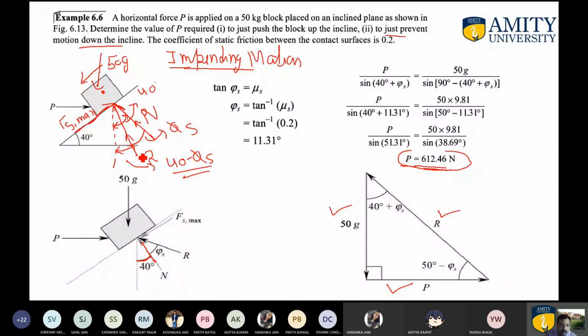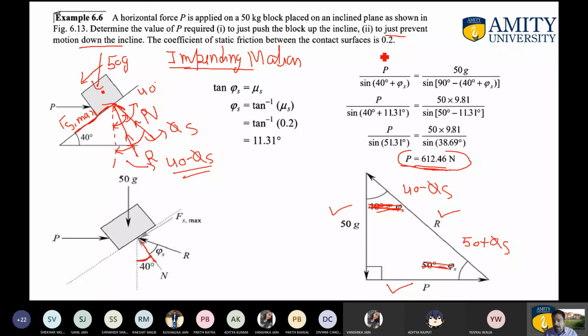Now the angle of R with vertical is 40 minus phi s, not 40 plus phi s. Accordingly, this will change to 50 plus phi s over here, because the total sum has to be 180 degrees. So that is the simple modification over here.